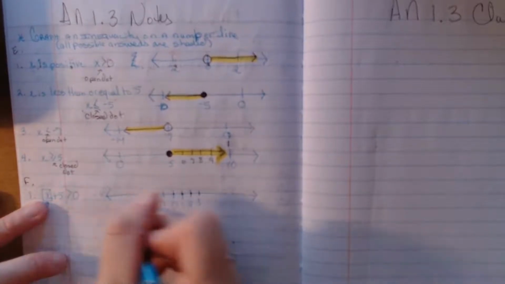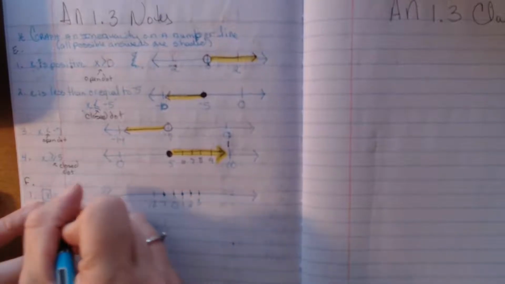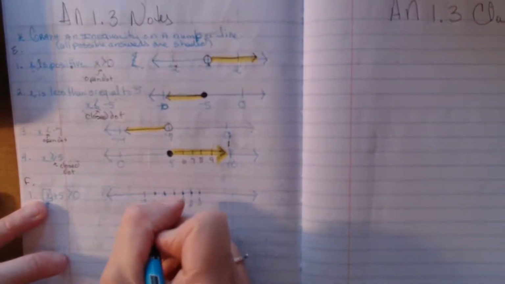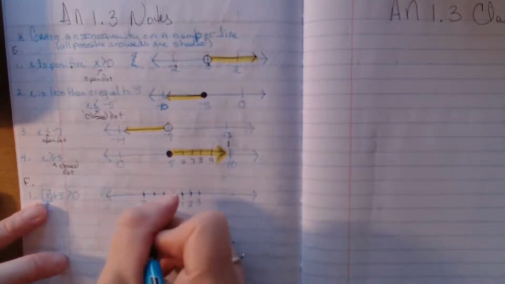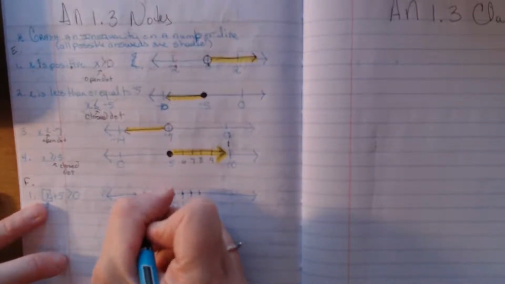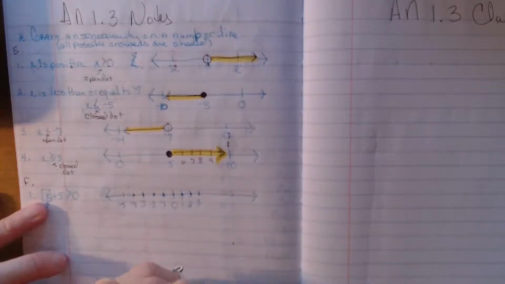Negative 1 plus 5, that would make 4, so that would work. Negative 2 plus 5 would make 3, so that works. Negative 3 plus 5 is 2, so that works. Negative 4 plus 5 is 1, so that works. Negative 5 plus 5 is 0.